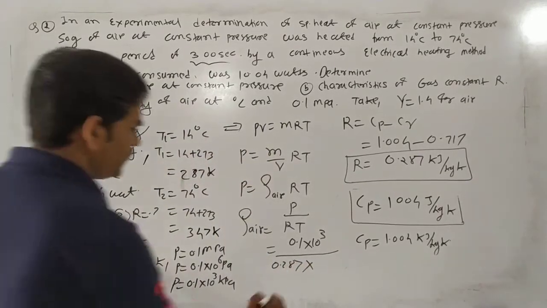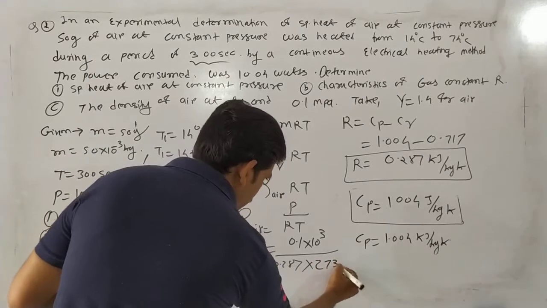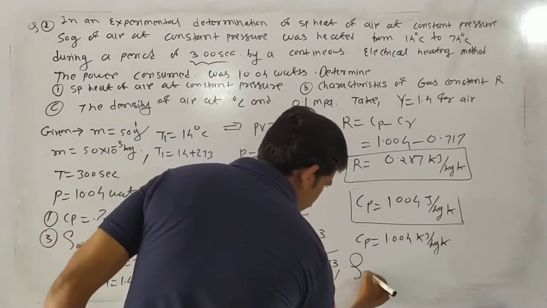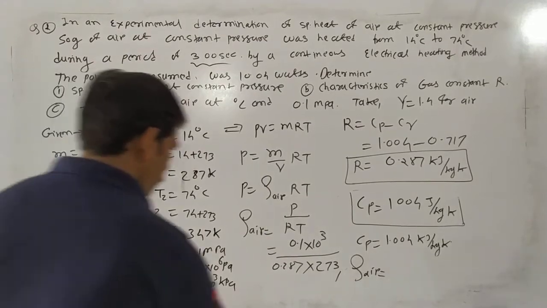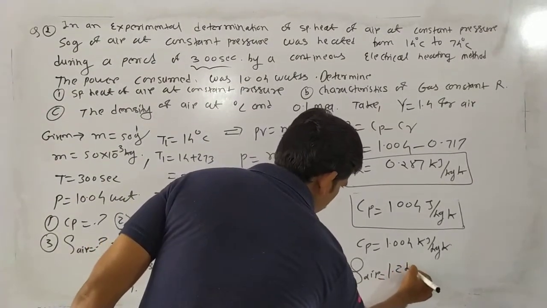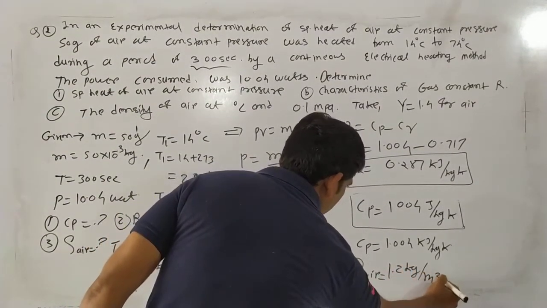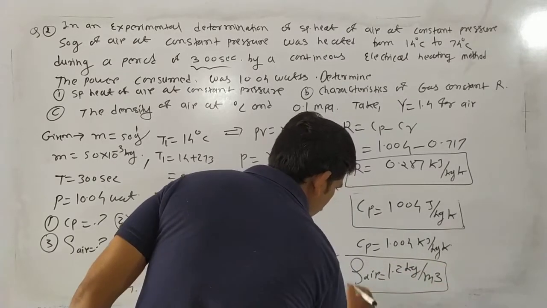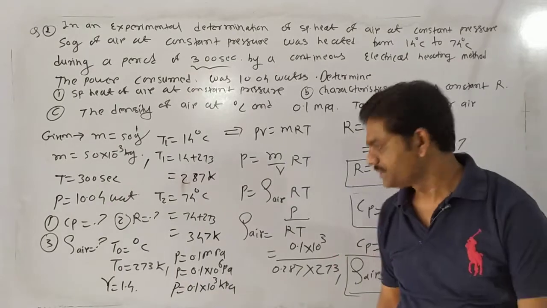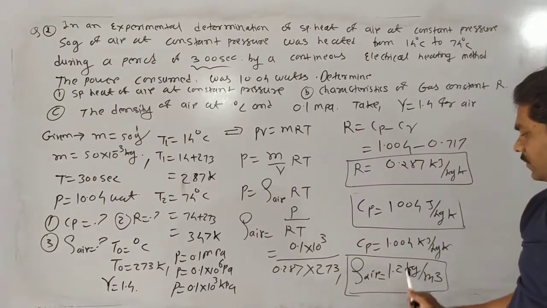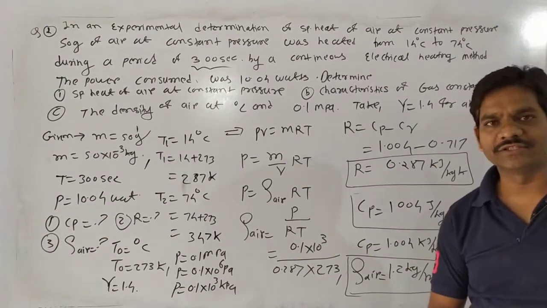It is 273 kelvins. So what is the density of air? The density of air, it is 1.2 kg per meter cube. This is a simple problem. This is the density of air, 1.2 kg per meter cube, guys.